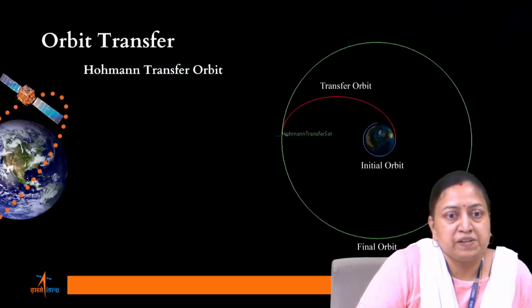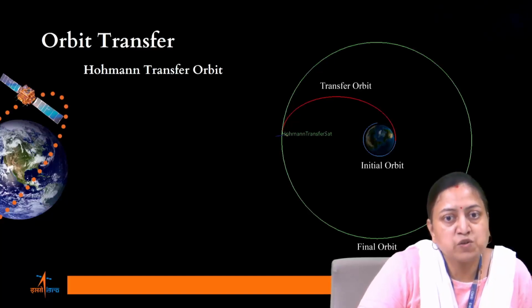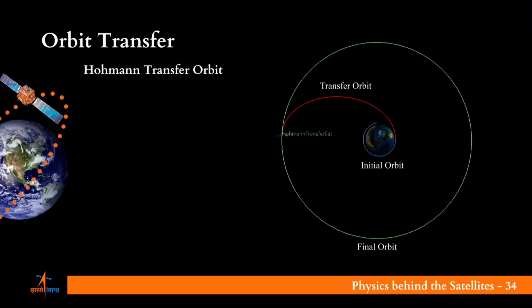Hohmann transfer orbit. Hohmann orbit is an elliptical orbit that is used to assist a transfer between two concentric circular orbits. It is one of the most efficient orbit transfers as it uses a relatively small amount of propellant.